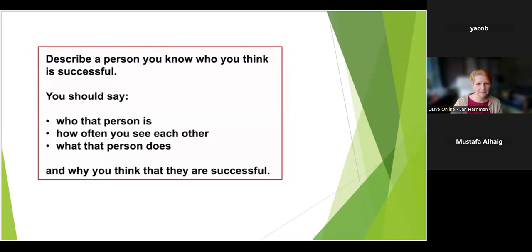What notes would you make if I handed you this card as the examiner? Think about it. How would you answer this question? What would you talk about for 2 minutes?